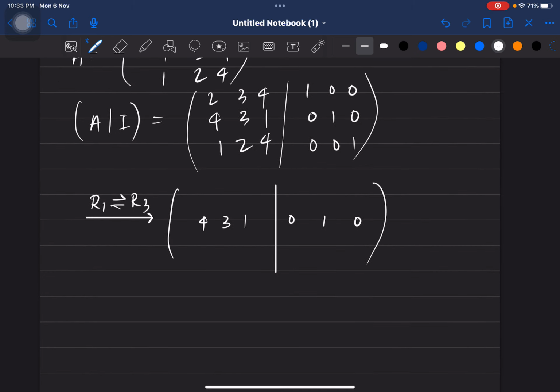Usually we think we can divide by 5 to get 1, right? But can we divide? No. In matrix, we don't use the word divide. Instead, we use multiply by fraction. You want to get 1, right? Multiply by 1 over 5. So you get 1.